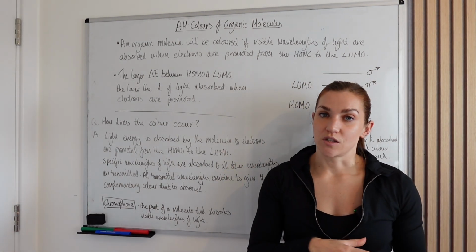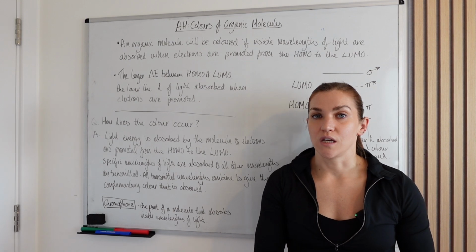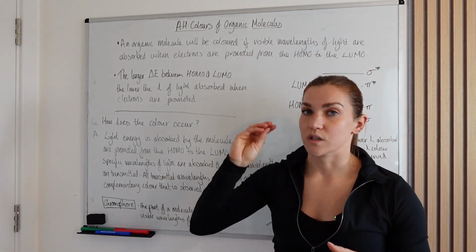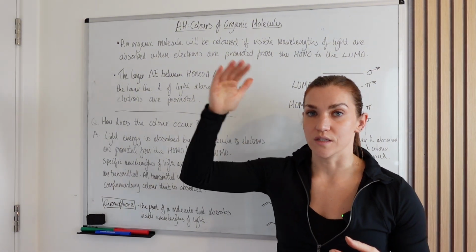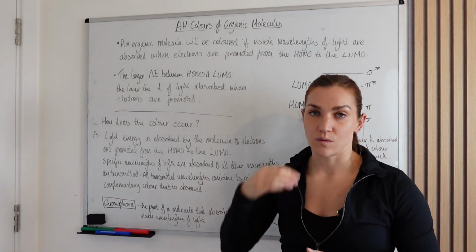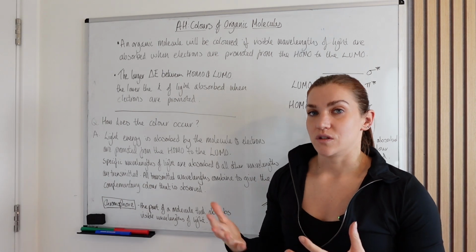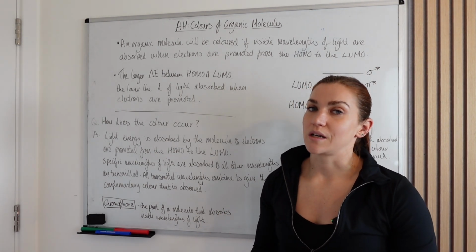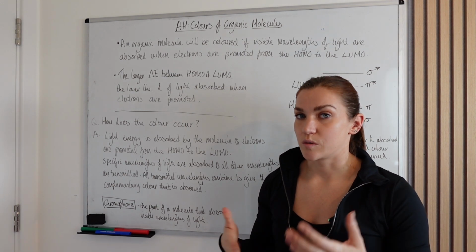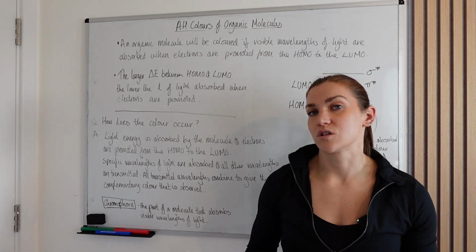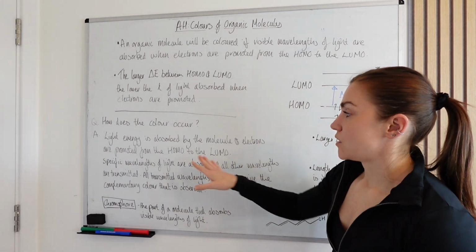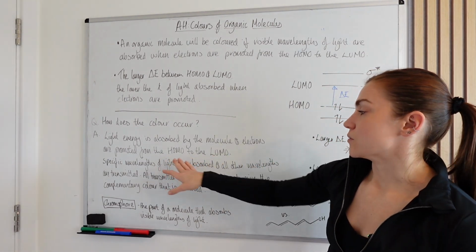If we compare this to the transition metal complex colour theory, when that light is absorbed, the electrons get promoted within the d orbitals. That's what causes the colour. So it's the same instance: light is being absorbed, electrons are getting promoted. But like I said earlier, it's just where the promotion happens that is different. In the transition metal substances, it's in the d orbitals. In organic molecules, it's within the molecular orbitals, going from the HOMO to the LUMO.